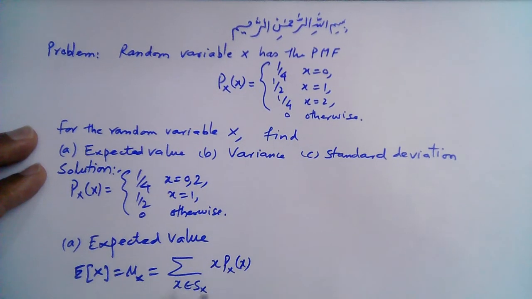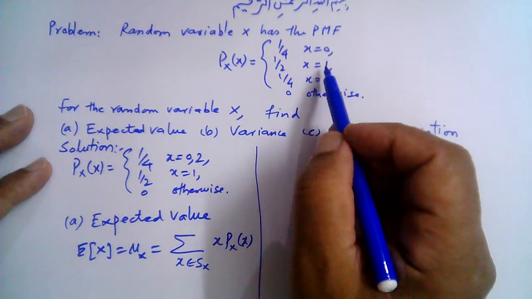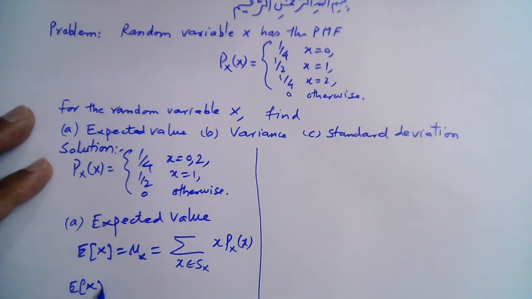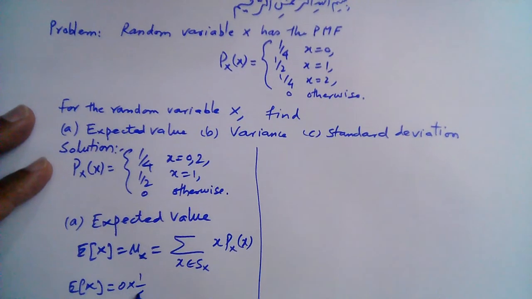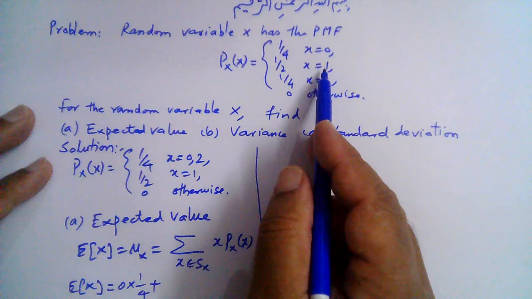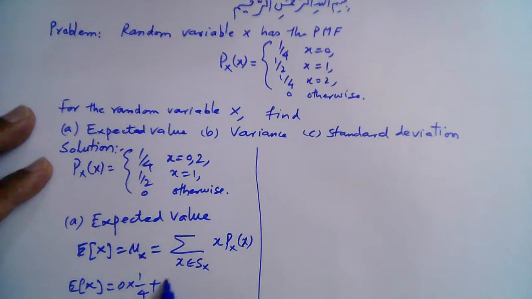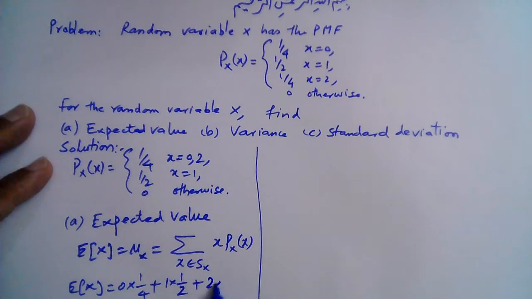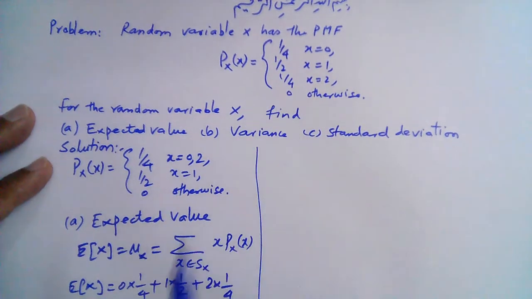So for this random variable, it can take on these values 0, 1 and 2, right? So the expected value of x in this case is, for example, 0 multiplied by 1 over 4, plus 1 multiplied by 1 over 2, plus 2 multiplied by 1 over 4.